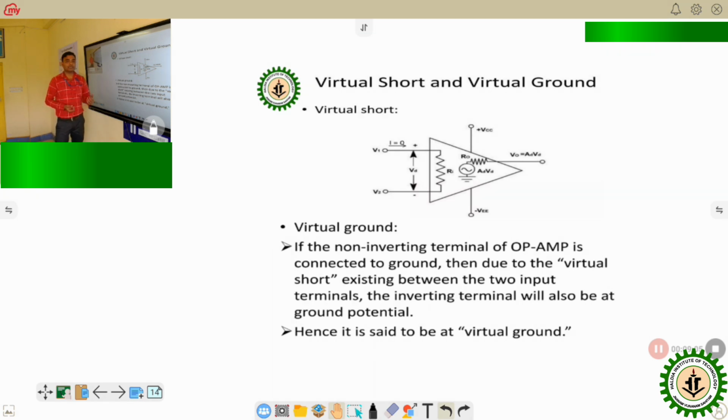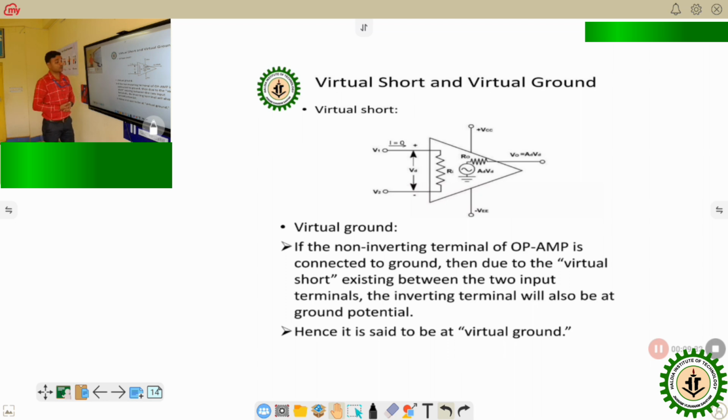Another term that is related to the operational amplifier is the virtual short or virtual ground. We know the actual ground, so what do you mean by virtual ground? What is the concept? How do we get the term virtual ground? The non-inverting terminal of an op-amp is connected to the ground.